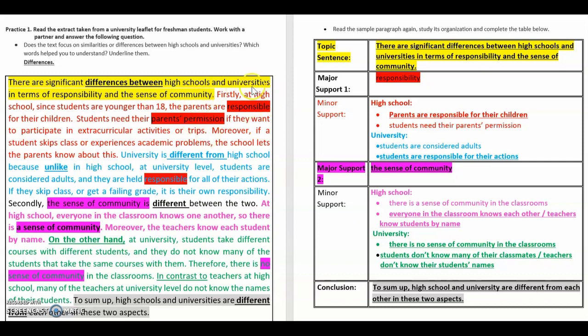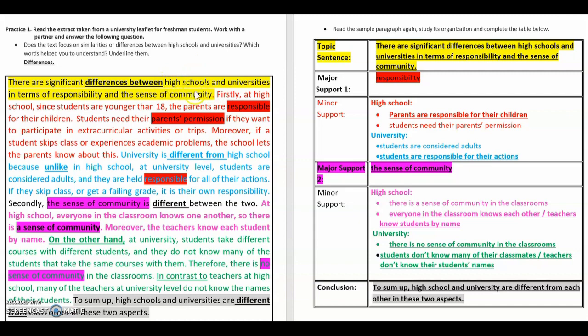So the red part is about the major supporting idea 1, the first major, let's say. It's highlighted in red, as we see, and the sentences in red are the minor ideas about high school. And then it goes on with the responsibility issue at university. Here, please be careful about the parallelism between the order of the ideas. I mean, look here.